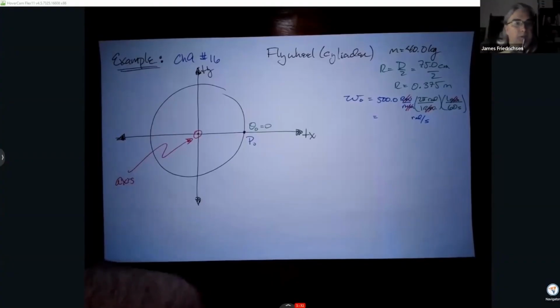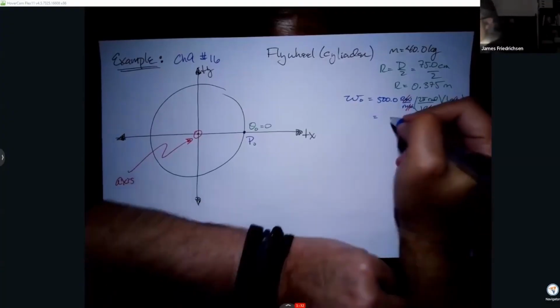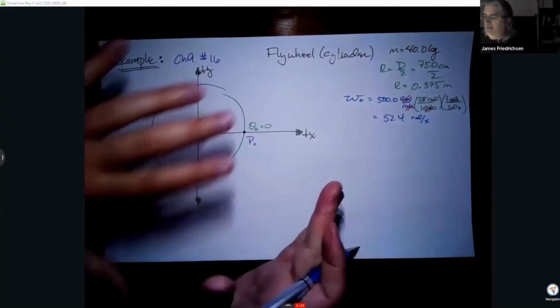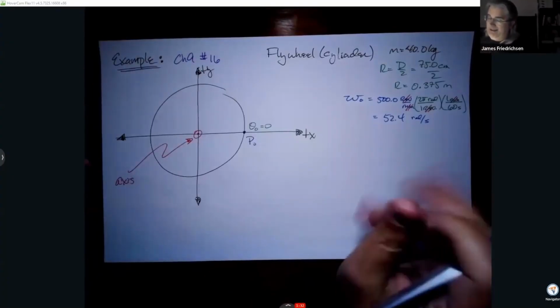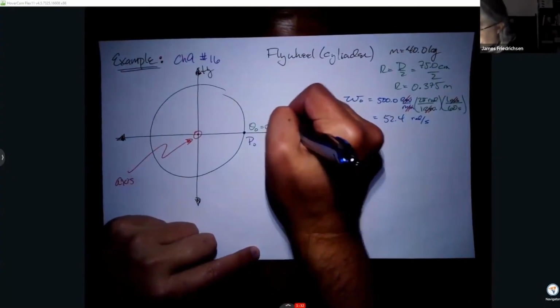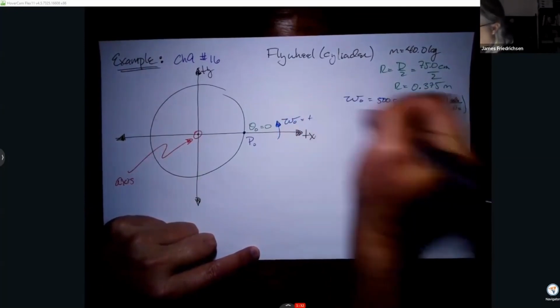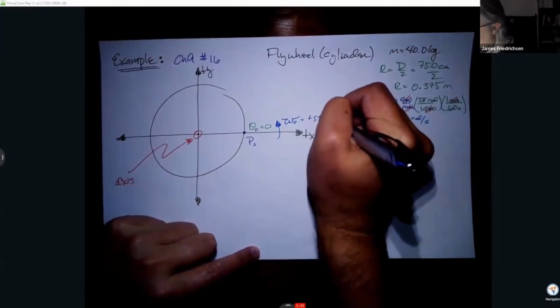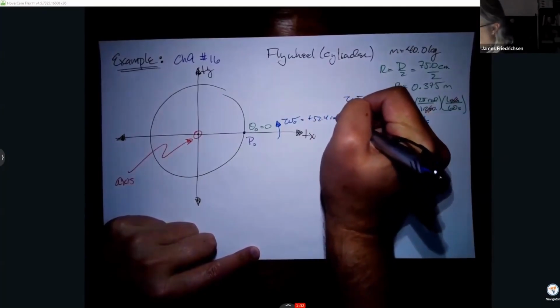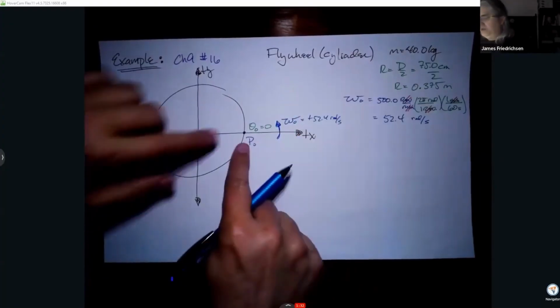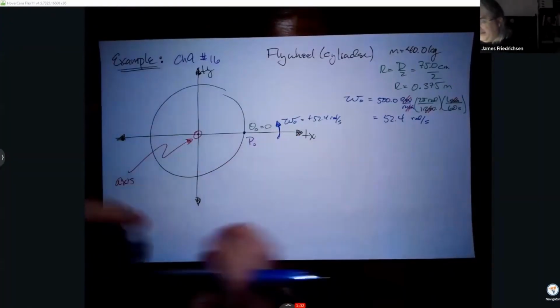You know, 52.4. Now I'm going to pick it to rotate in the positive direction, plus 52.4 radians per second, like so. So I have my initial position and velocity.